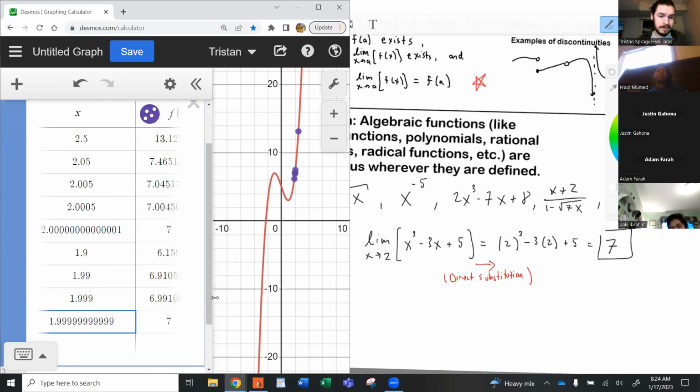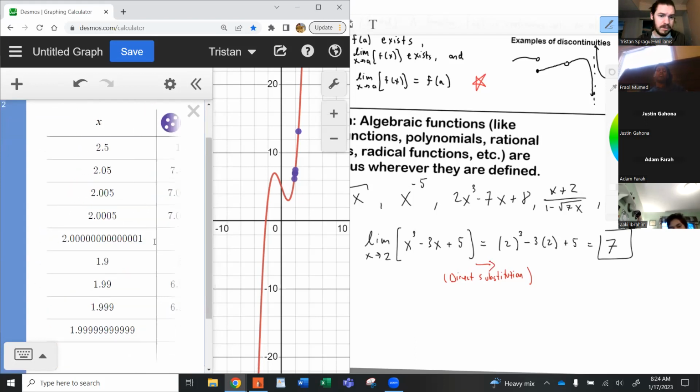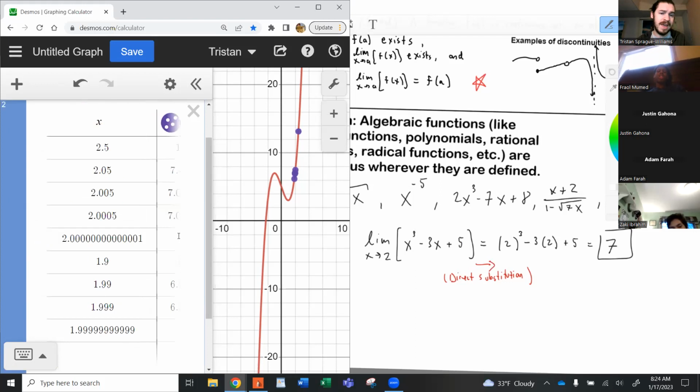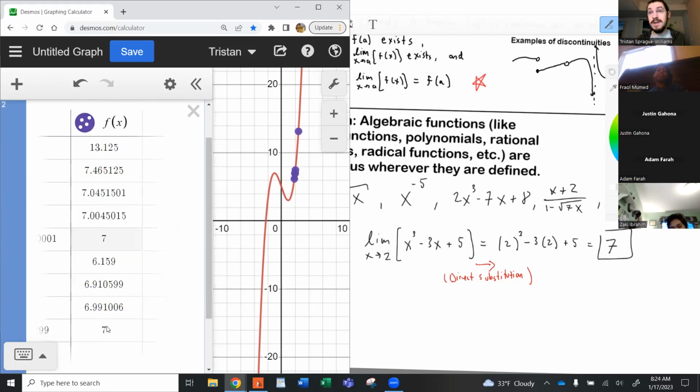Yeah. As you can see, Desmos is actually literally spitting out the number 7. That is technically incorrect because it's a rounding error. Neither of these numbers actually gives an output of exactly 7. They don't, but they give an output very close to 7. That's the idea.